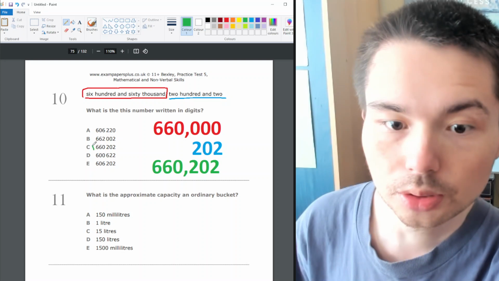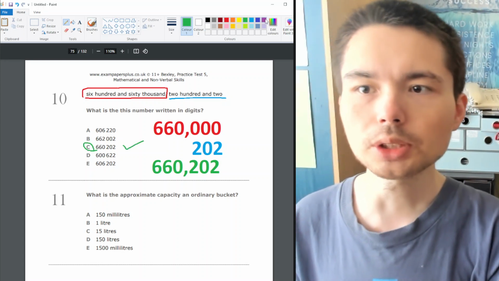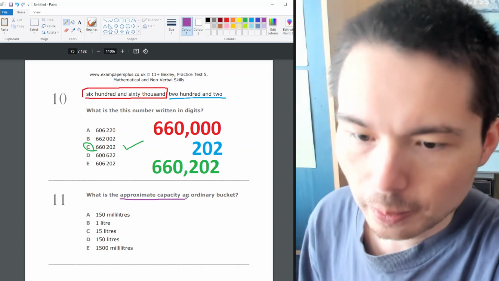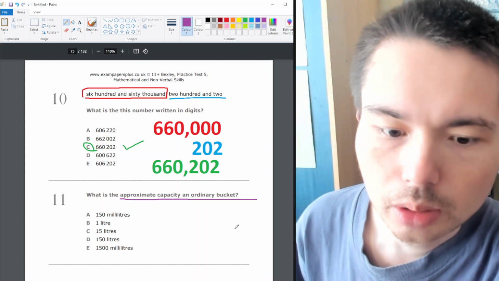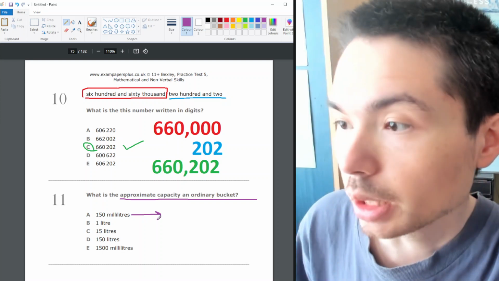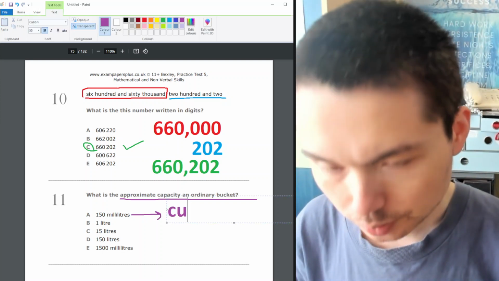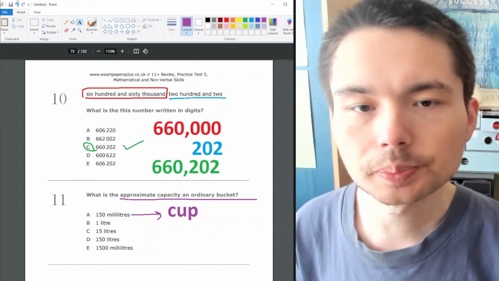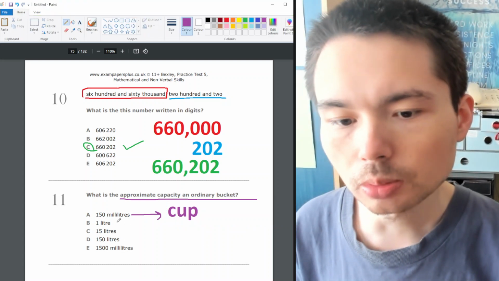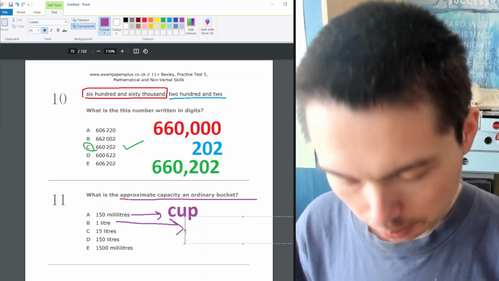Our answer is C. Next, question 11. What is the approximate capacity of an ordinary bucket? First one, that is just a cup. 1 litre. That is a big bottle of water. Not the normal sizes, but the bigger ones.